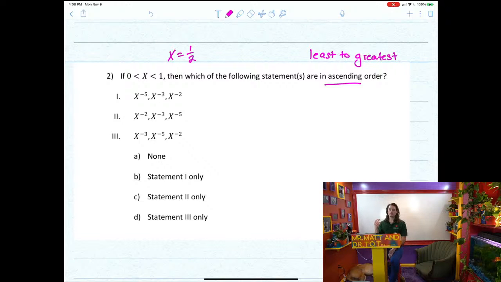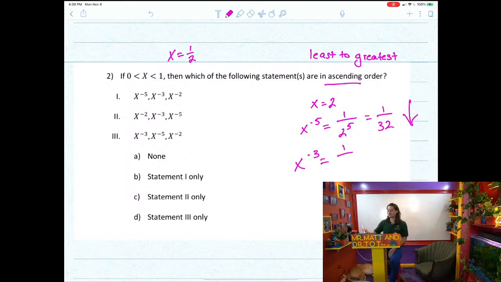However, we want to get to a point where we're solving these problems conceptually. Think to yourself what would happen if the value were greater than 1, let's say like 2. So x to the negative fifth, that would be 1 over 2 to the fifth. That would be 1 over 32. That would be an overall decrease. X to the negative third, that would be 1 over 2 to the third power.